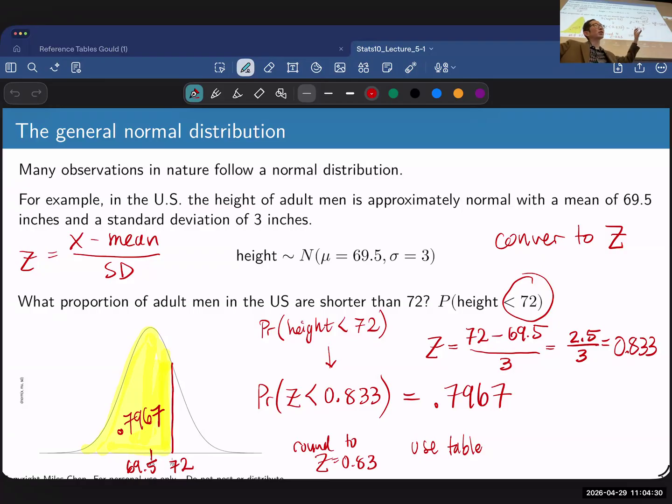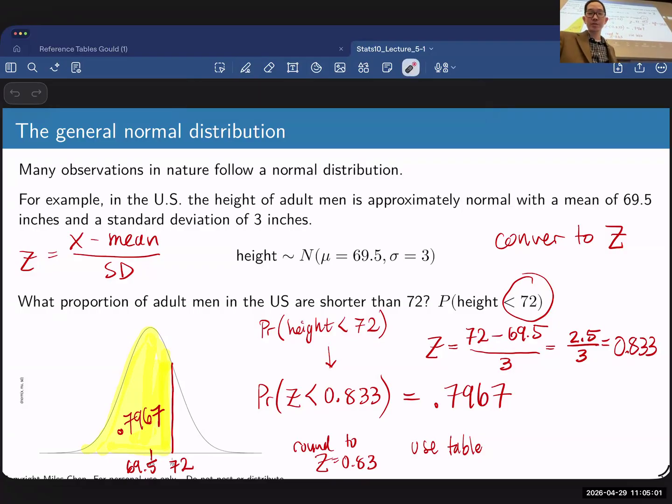What we have to do is convert that number 72 into a z-score. Z-scores are our distance from the mean, above or below, expressed in standard deviations. So 72 is 2.5 inches above the mean. Each standard deviation is 3 inches, so we're not quite a full standard deviation. We are 5/6 or 0.833 of a standard deviation above the mean.